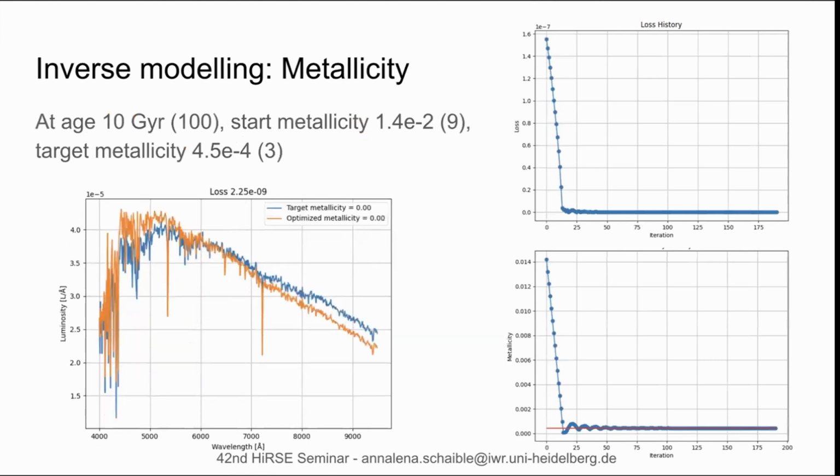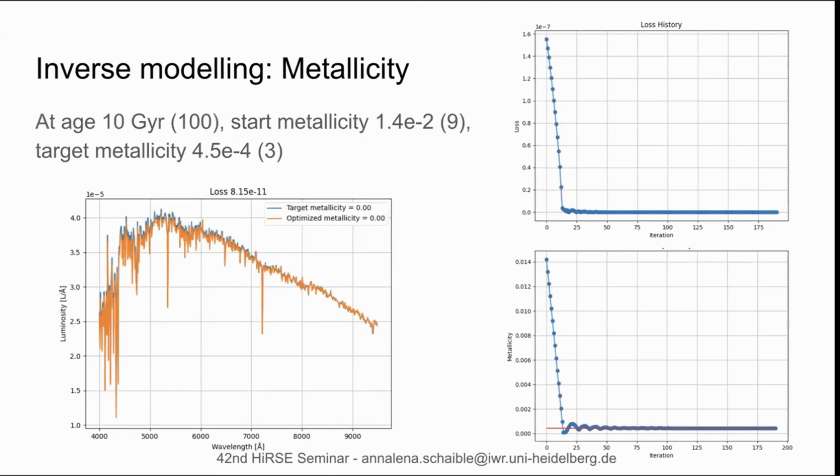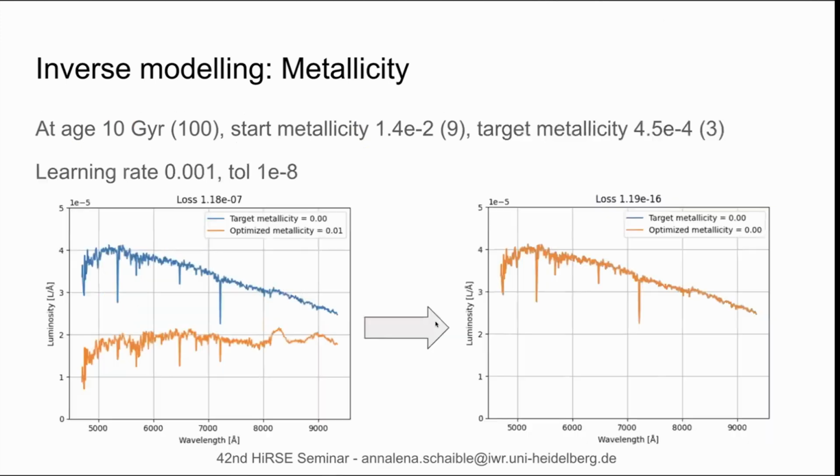To show you how this works, the blue spectrum is our target spectrum, and the orange is how you modify your input and then get very close to your target spectrum. Here you see the comparison.